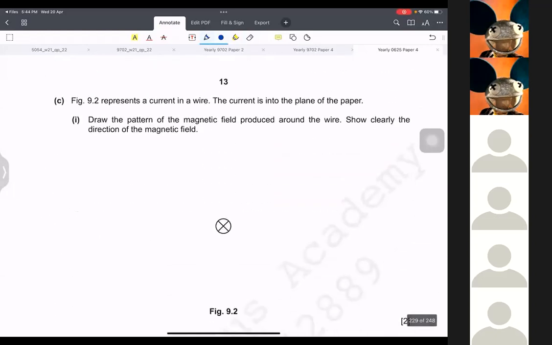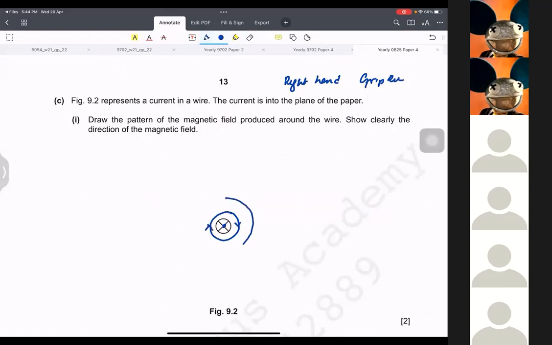Then draw the magnetic field, show it clearly. So whenever there is a single wire going, you have to use the right hand grip rule, by the way. So your thumb is pointed towards the screen right now, and your fingers will curl like this. For me, my right hand fingers are curling clockwise.